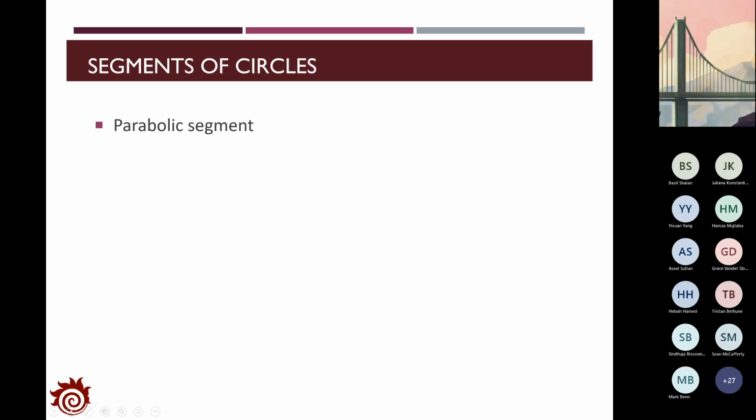And we also have another approximation about the area, which is called the parabolic segment estimation.